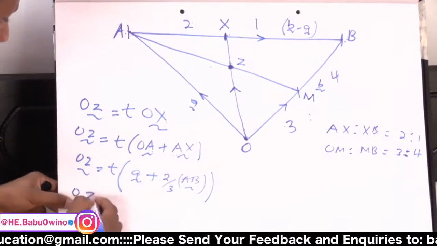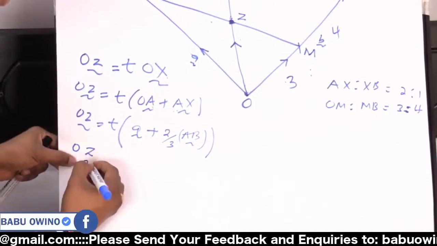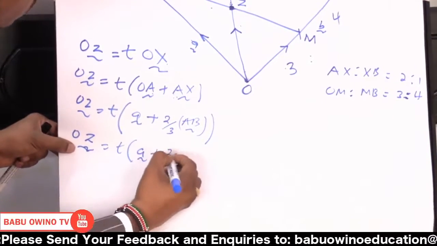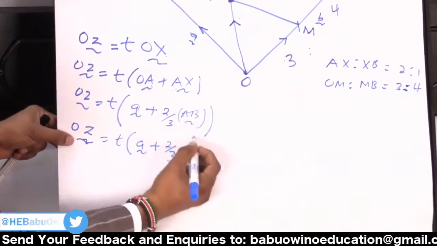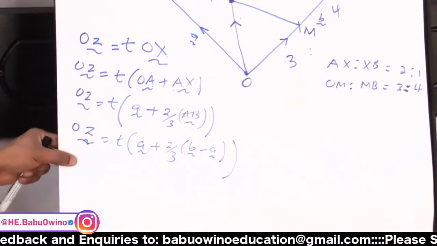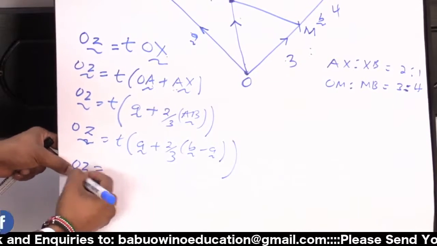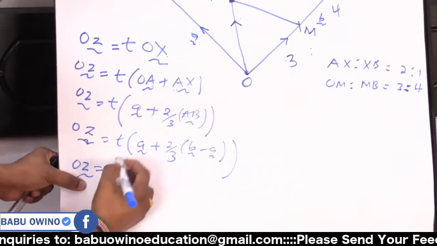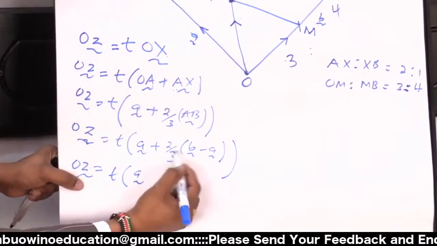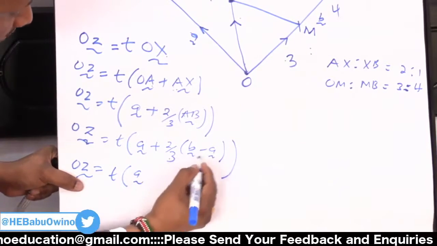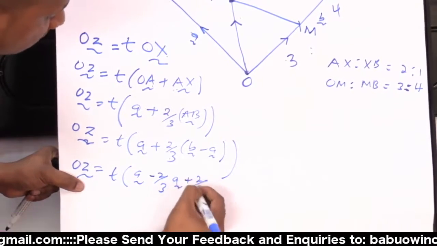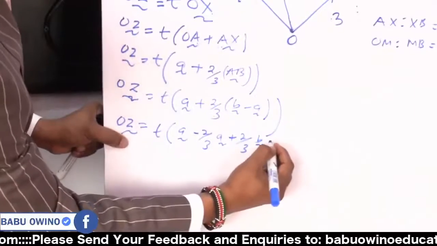So OZ equals T of A plus 2 over 3 of AB, but AB is B minus A. So OZ equals T into A. Then when you open this up, 2 over 3 times minus A is minus 2 over 3A plus 2 over 3 of B.